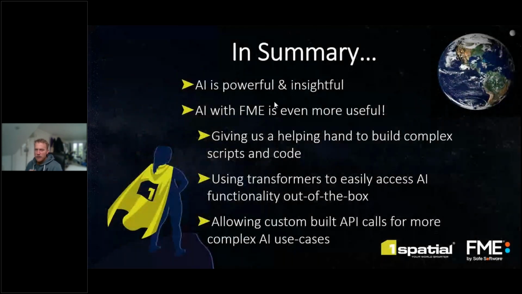So in summary, AI is powerful and is just another tool in our arsenal for building powerful FME workflows and automations. On its own, it's a source of interest, but it can help shape our understanding and give us further information and insight on the data that we are passing into and out of our FME workflows. AI comes into its own when it's orchestrated within an FME workspace.